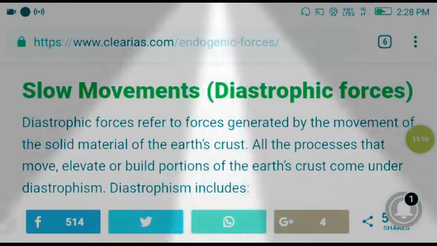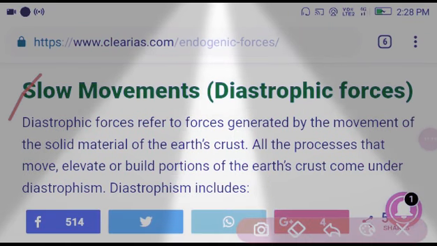Slow movements are mainly diastrophic forces.